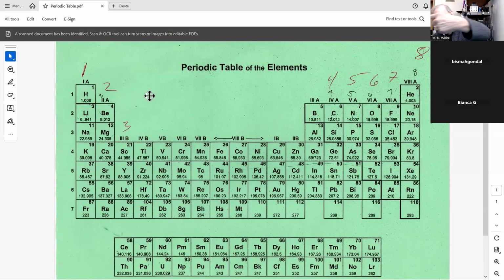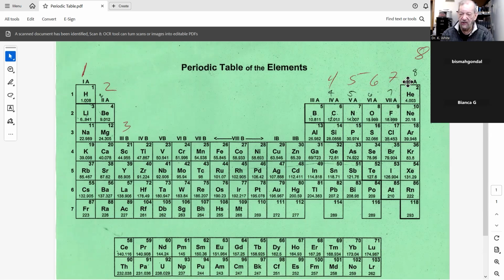Now let's go all the way over here. One of my favorites, carbon, 4. Nitrogen, 5. Oxygen, sulfur, 6. The halogens, fluorine, chlorine, bromine, iodine, 7. And the noble gases, helium, neon, argon, krypton, and so on, have 8.